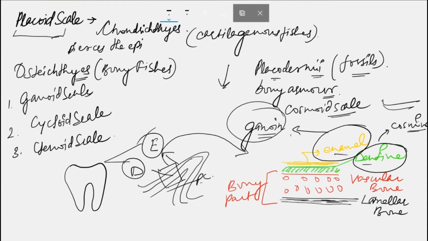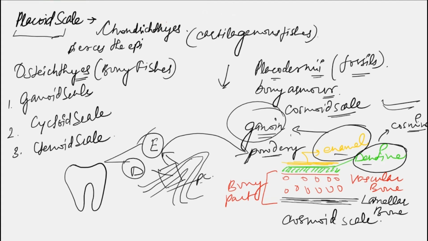Ganoin is actually a powdery substance which provides a shining surface to the scale. That's why it is not called enamel but ganoin. So this is the morphology of your cosmoid scale.